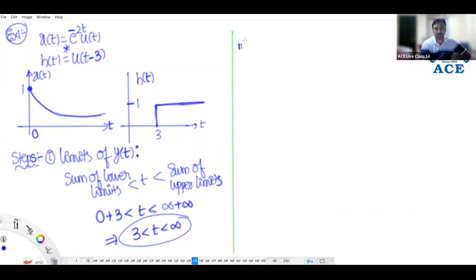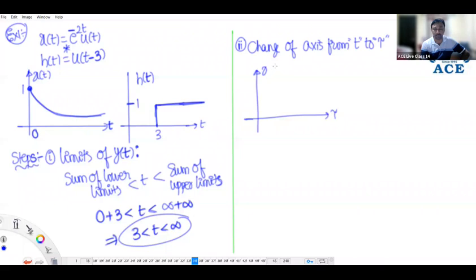Second step here is change of axis from t to tau. There is no change in the signal shape.